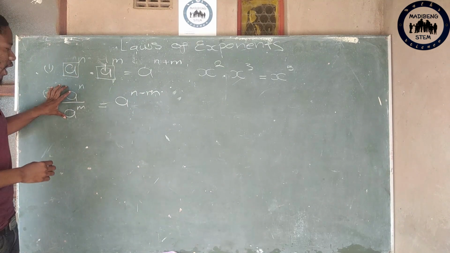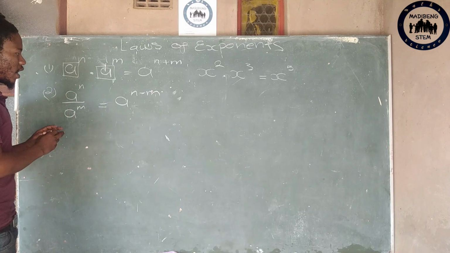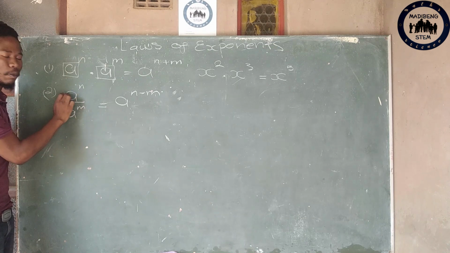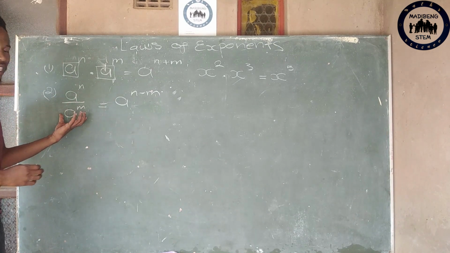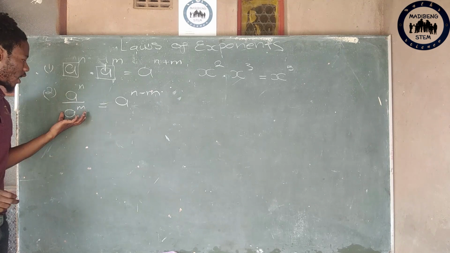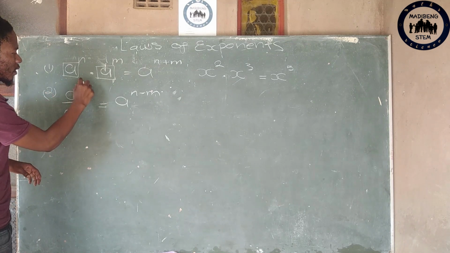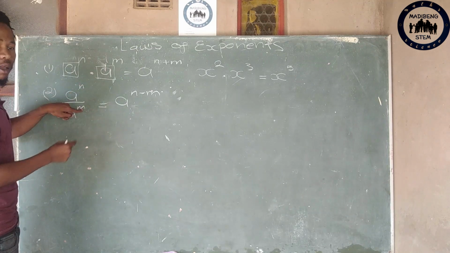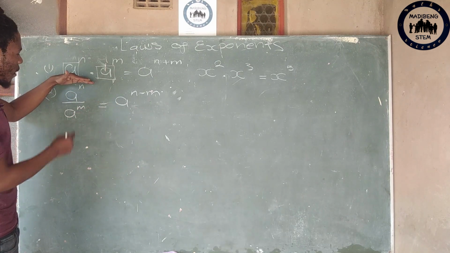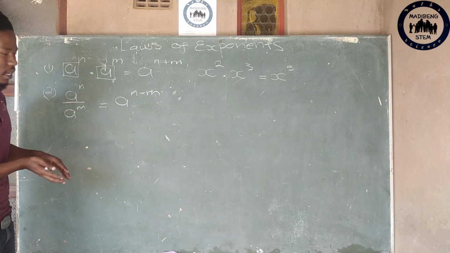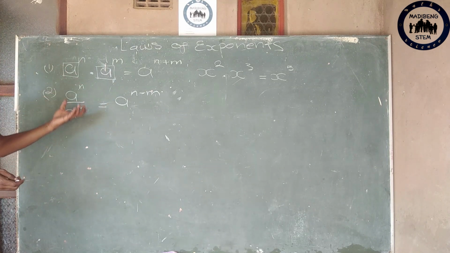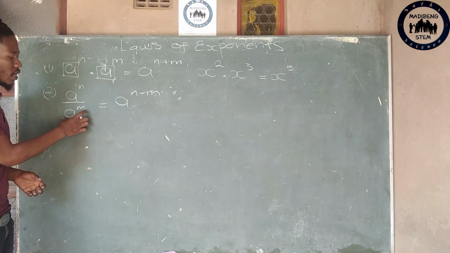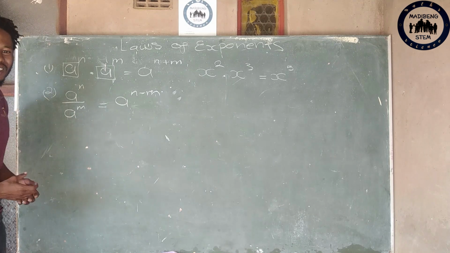So when I divide powers of the same base, I will subtract the exponent that is under the numerator. We always subtract the one that is under the numerator. You cannot say m minus n. No, you will always say n minus m. If m was on top, you would say m minus n, if they were vice versa, guys. But now we always start with the one that is on top, the numerator exponent, and we subtract the denominator exponent.